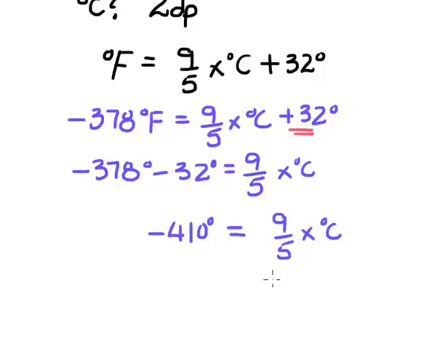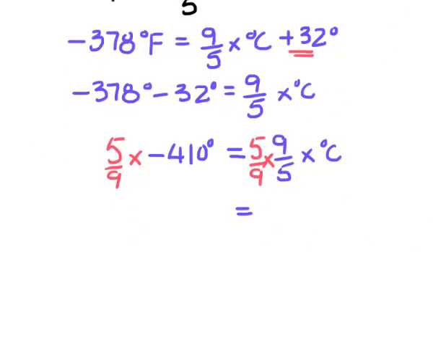Okay, now how do we get rid of this fraction? Well, we could divide by 9/5, or we could just multiply by the inverse, so we could multiply by 5/9. And whatever you do on the right, you have to do on the left as well. Here this cancels and we get 1, which is what we wanted. So our degrees Celsius, and on this side we have to multiply these two.